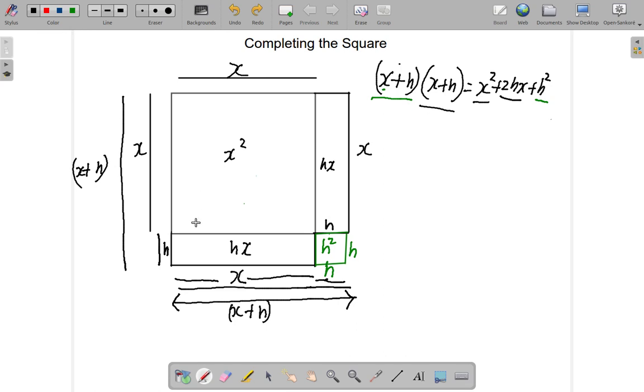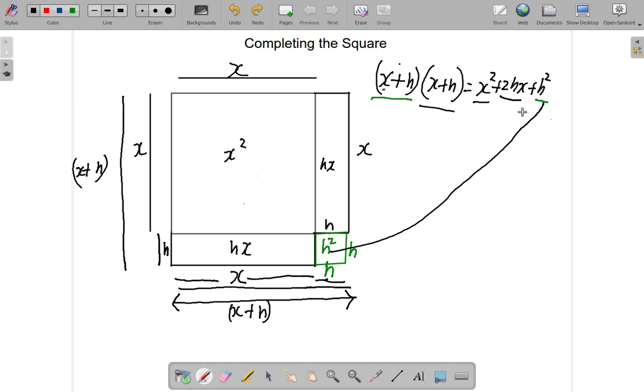So it's x plus h and x plus h. And of course, having added this little square, it completes the square because it fills in the empty space. So now after I added the h squared, I have a complete square.